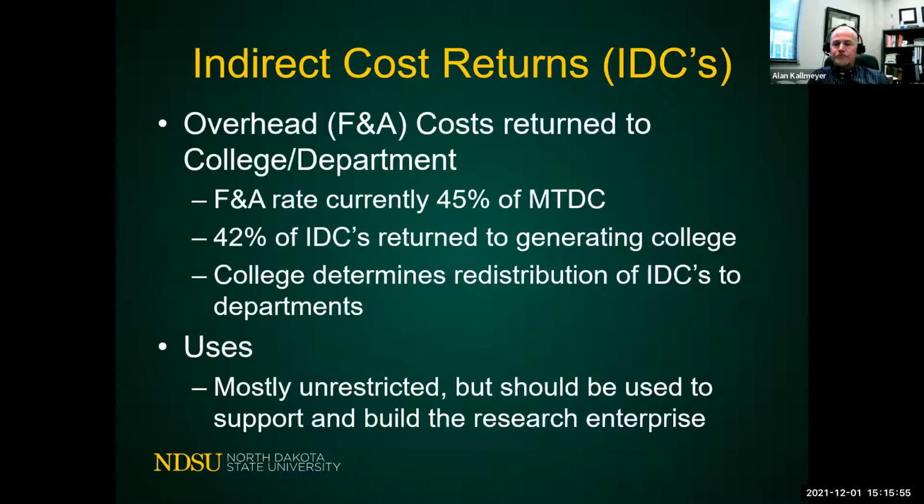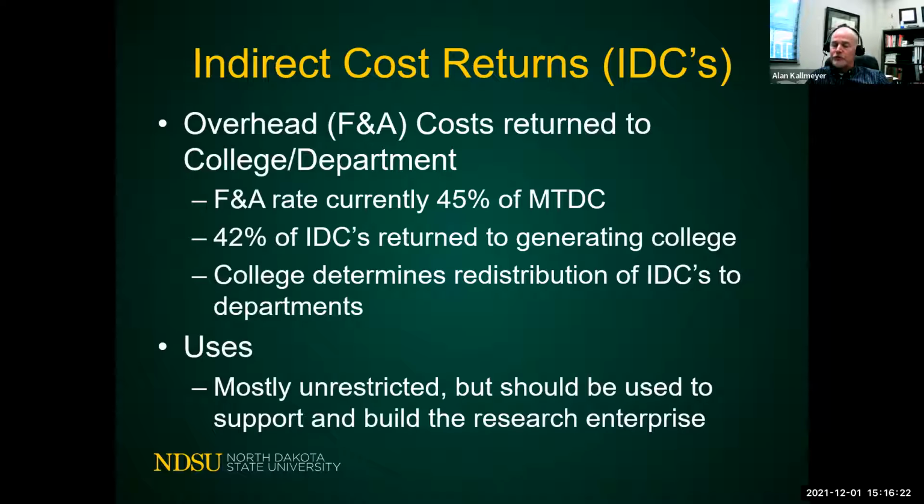As an incentive to my faculty, one of the policies we've adopted in my department is that for all of the indirect costs that come back into my program, a percentage of those go back to the PI that generated that money. Some of it stays in the department, which I can use to support departmental needs, but some of it goes back and becomes the responsibility of the PI.